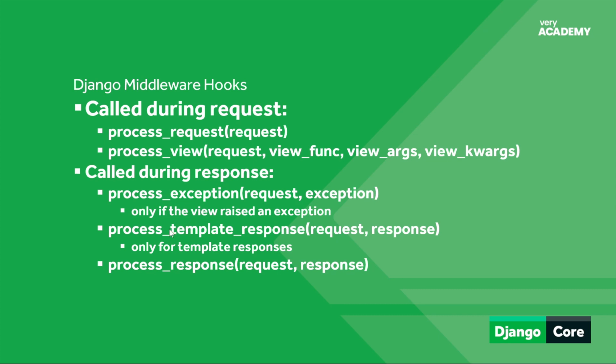If the view raises an exception, we can utilize this as part of our middleware to perform actions. Our third optional method is process template response. This allows us to add additional context to the template before we pass it to the user. And then finally, the process response.